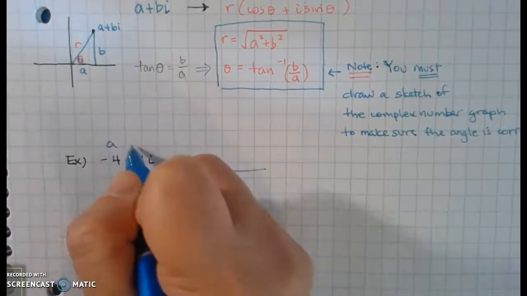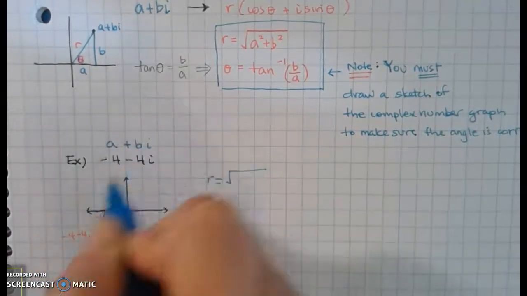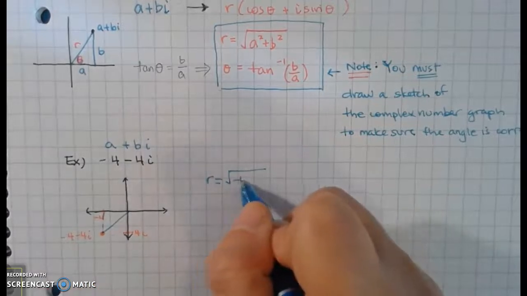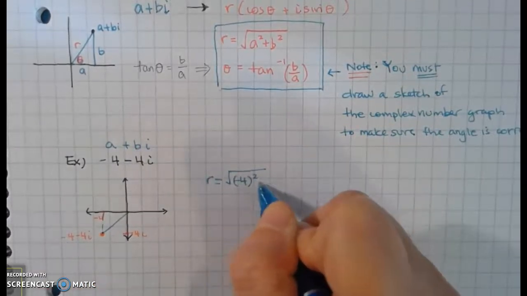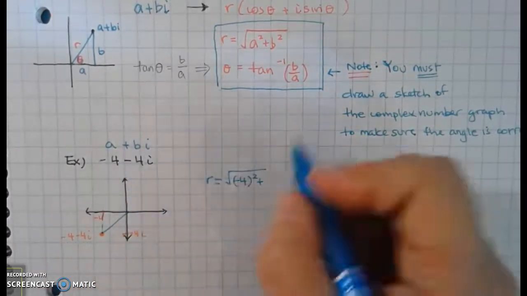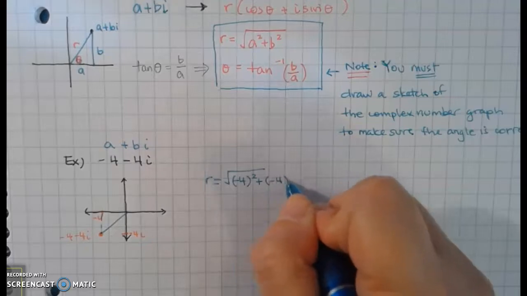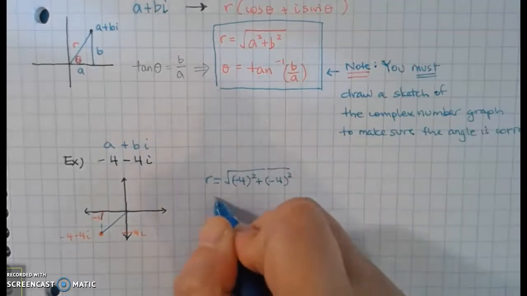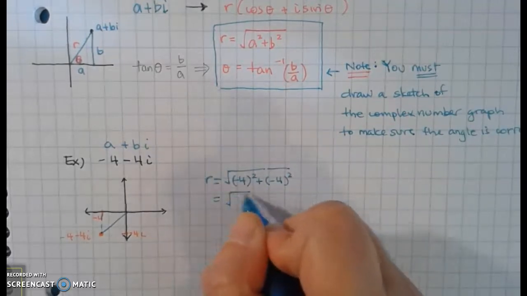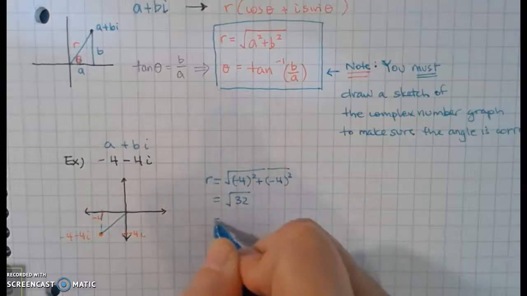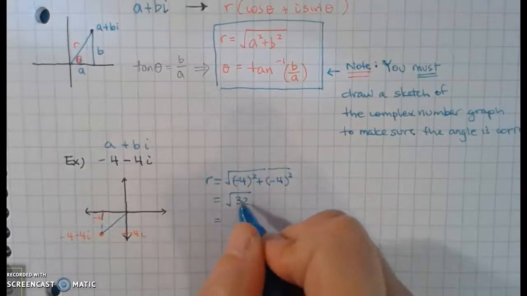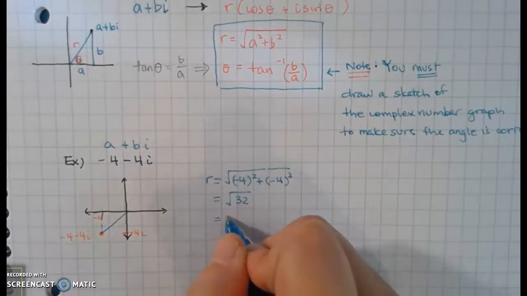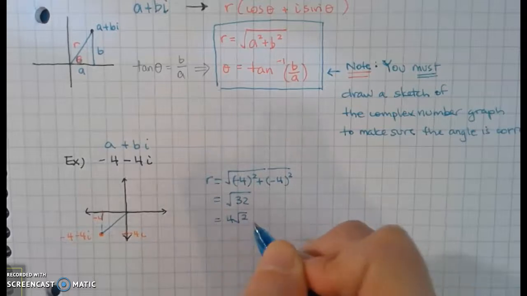A plus bi, so a is -4 whole squared, plus b is also -4 squared, and that's 16 plus 16, that's 32, square root of 32, which is the same as square root of 16 times 2, or 4 root 2.